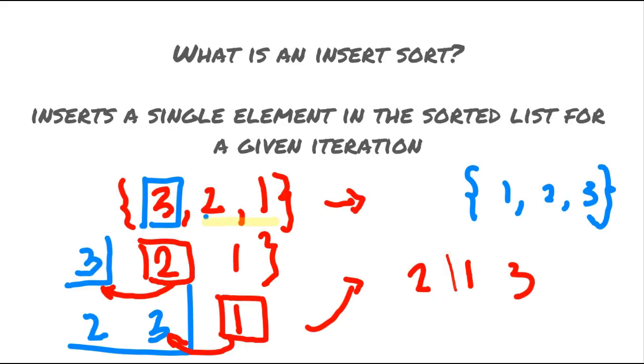Afterwards, we're going to perform another comparison. Since 1 is smaller than 2, we need to swap once again until finally we get the result 1, 2, 3. So after the swapping of 1 and 2, we get 1, 2, and 3.